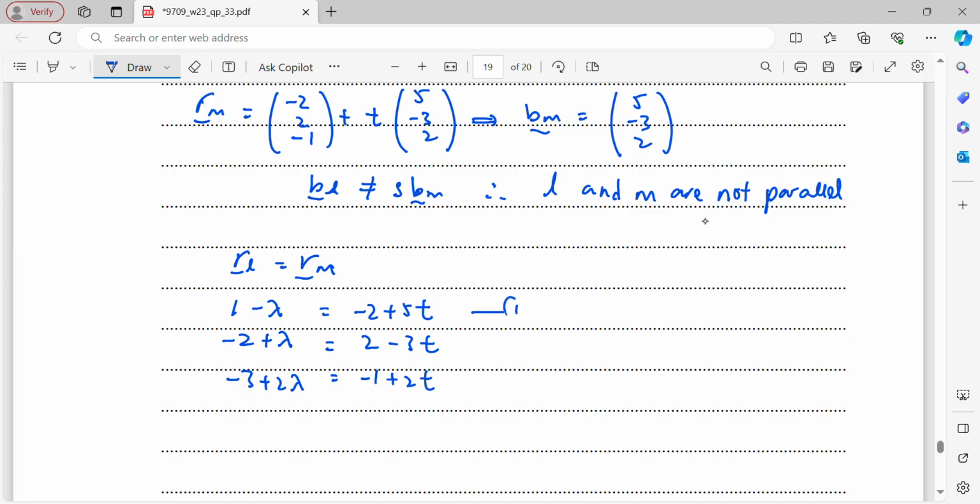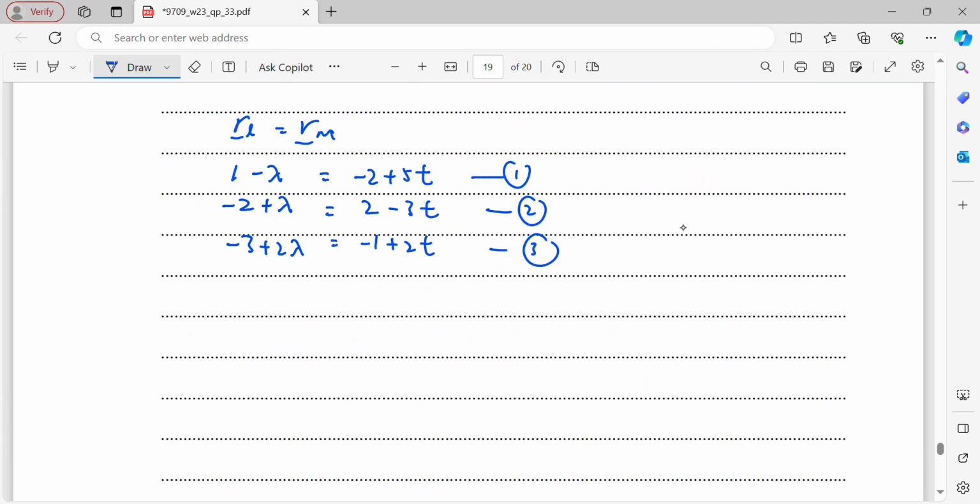So I let this be 3 equations. Now to solve t and lambda, I just need to use 2 equations, which means I will be using 1 and 2, because from the first two equations I have negative lambda and positive lambda. So I will eliminate lambda by adding the first plus second equation.